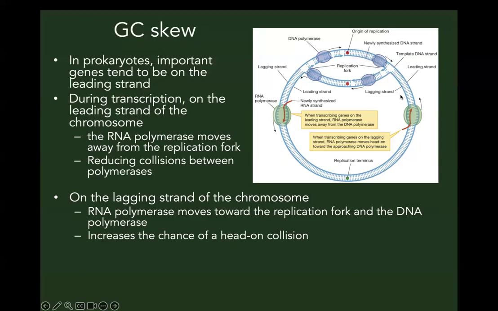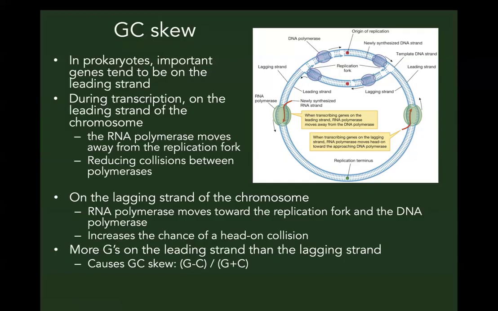So this is one reason why you might want to have the important stuff on your leading strand and not on your lagging strand, because if you have a head-on collision between the RNA polymerase and the DNA polymerase, it could potentially cause the wrong nucleotide to be brought to the strand.